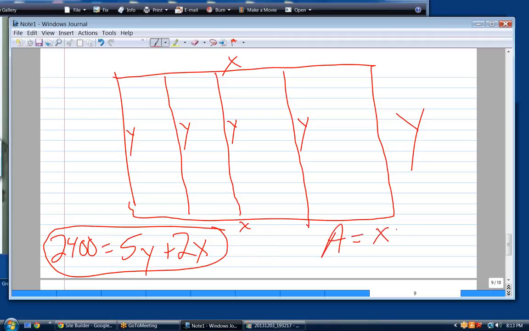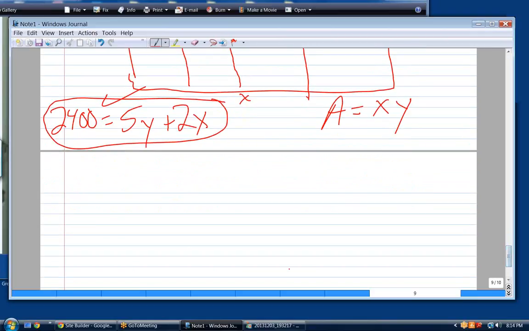X times Y. Now the reason we can maximize this is because we can take this other equation, solve for Y, and substitute it in over here. So now area will be a function of only X, and we can find the vertex of that quadratic. Okay. So let's do that.